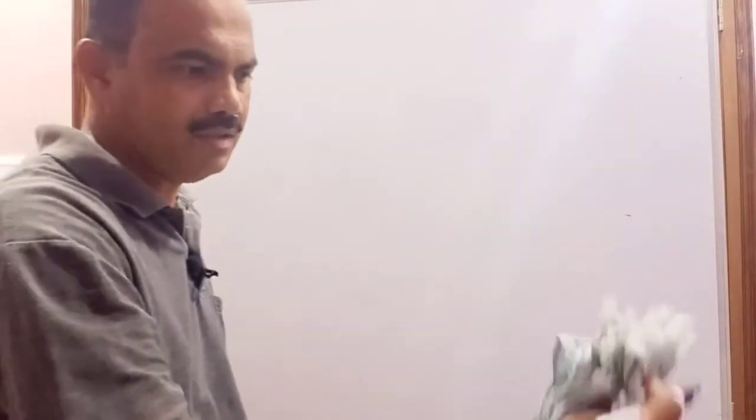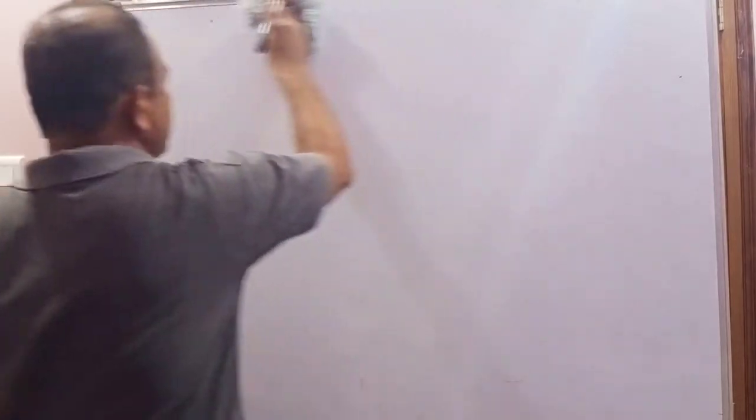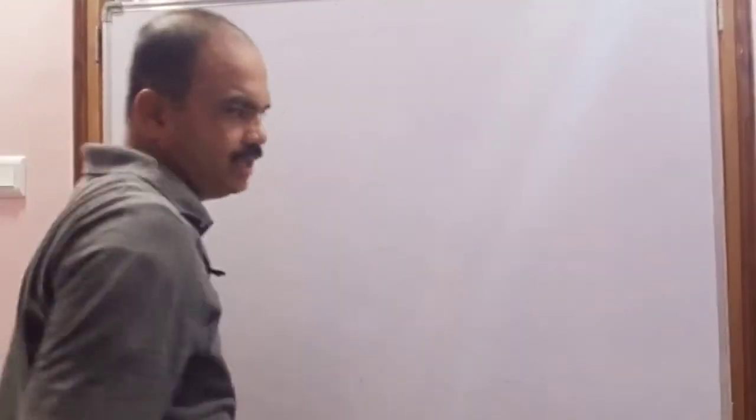The left side. That is the convention we follow when walking on the road. In the same way, when we discuss spherical mirrors, we get some distances: focal length, radius of curvature, object distance, image distance, height of the object, and height of the image. These are the distances we have to measure.